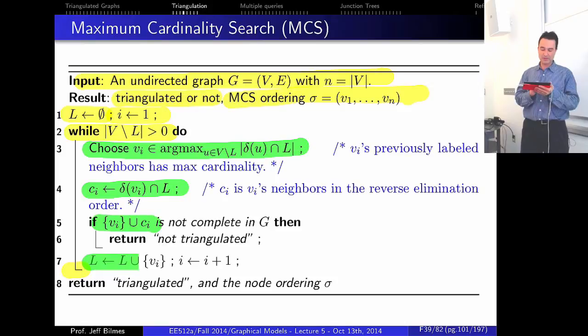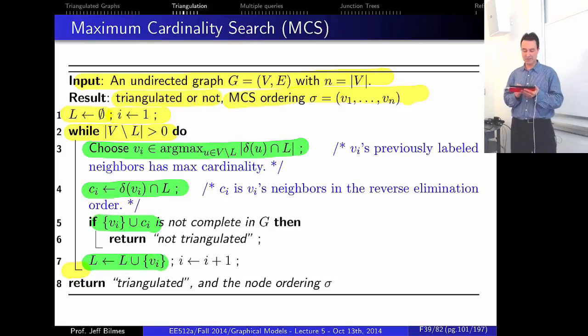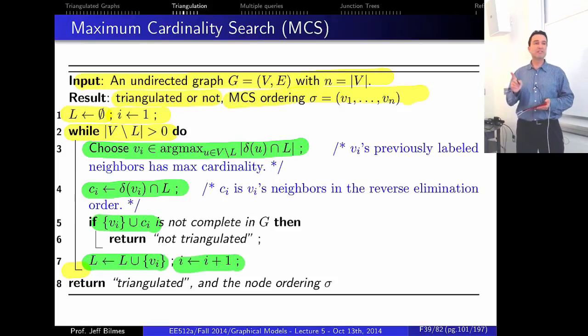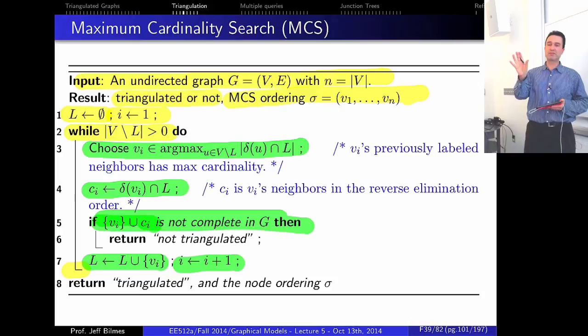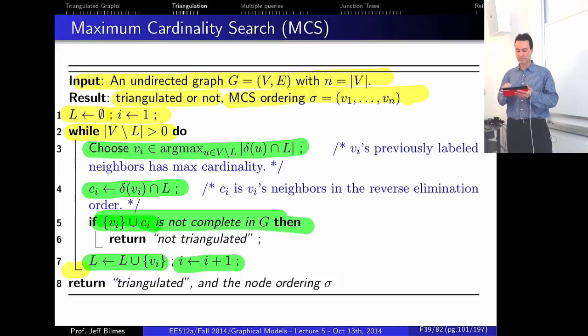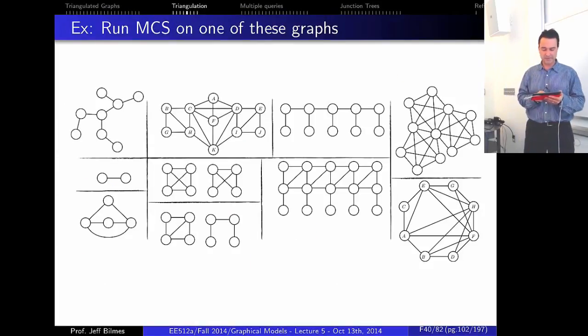We add that node to the new set of labeled nodes and continue on. But if it's ever the case that the node and its set of previously labeled neighbors is not complete, then we output not triangulated and exit. So it's in some sense very simple, but let's see an example.